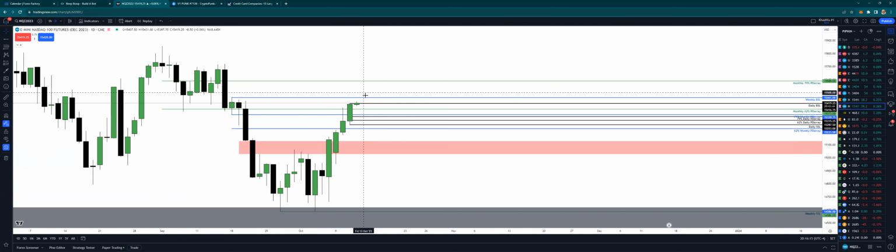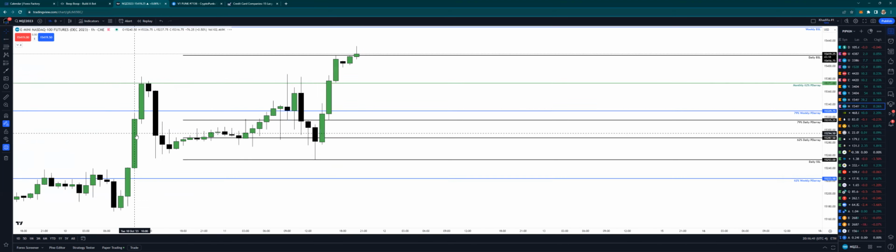I expect us to run that and run up into this daily fair value gap that we see right here, right? And if we get up in there, I don't see why they wouldn't just go ahead and run that liquidity sitting at that monthly 79% premium PD array.